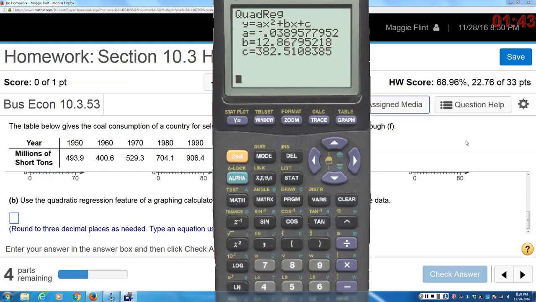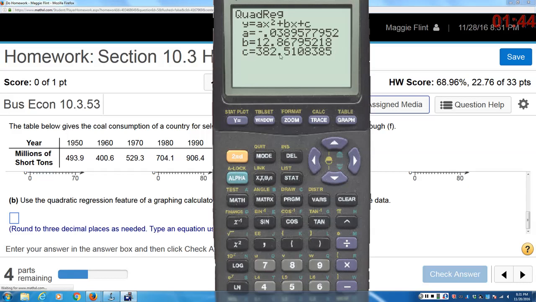And it says your quadratic equation, the coefficient of A is negative. Well, yeah, because it went like that. Okay? And it was negative 0.038957792, which now you know why I said you don't want to have to write all that down and type it in. And B is 12.867952218, and you don't want to round these off except if MyMathLab tells you to.